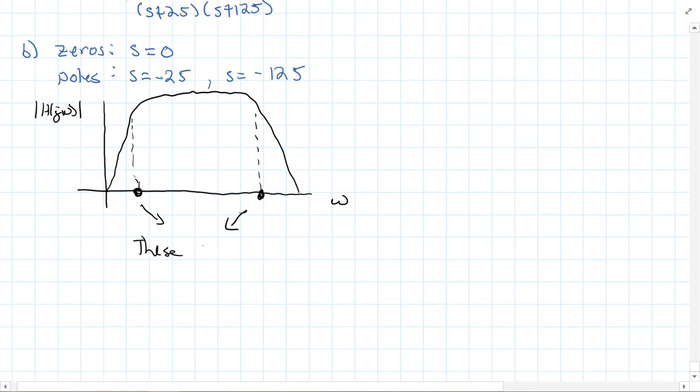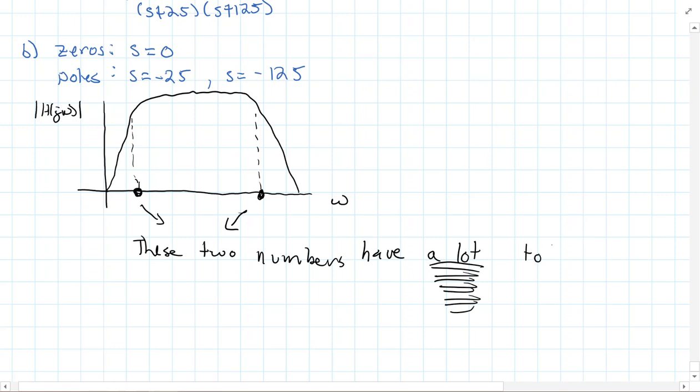These two numbers, and we'll go into more detail, have a lot to do with the poles. So what those two numbers are, those corner frequencies, or cutoff frequencies, have a lot to do with the poles. So again, that's one reason we are interested in poles. It's not the only reason, it's just one.